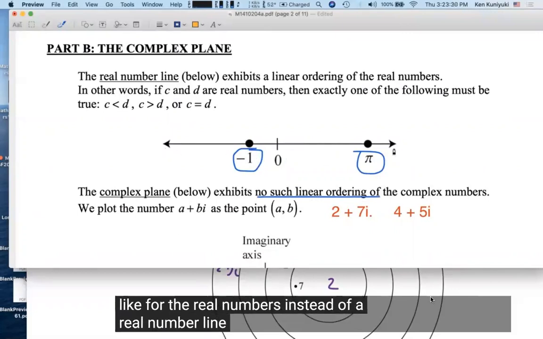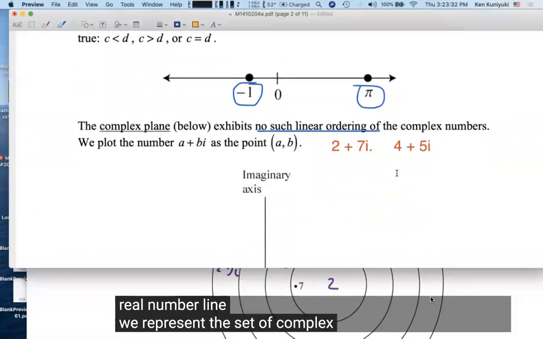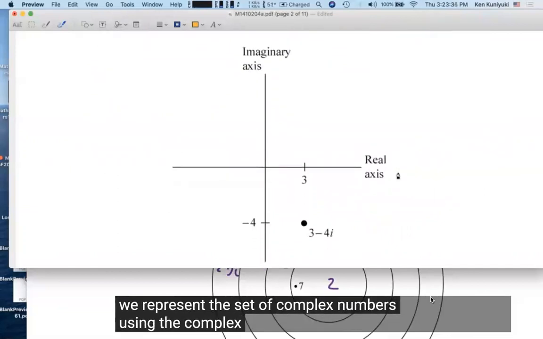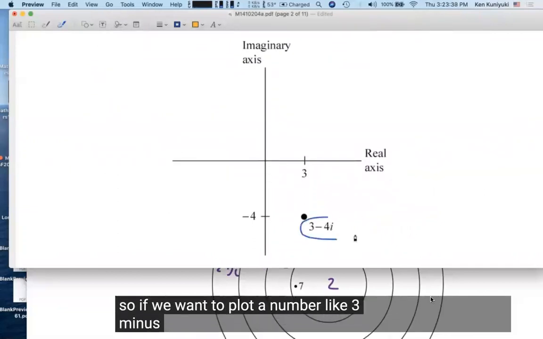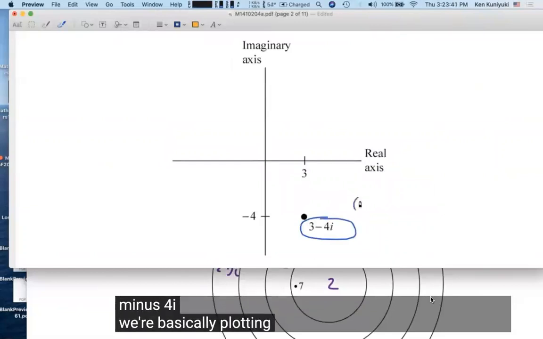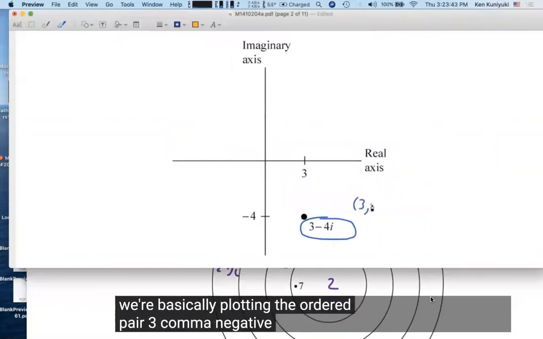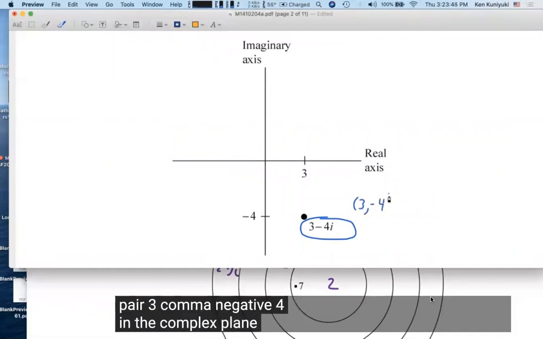Instead of a real number line, we represent the set of complex numbers using the complex plane. So if we want to plot a number like 3 minus 4i, we're basically plotting the ordered pair (3, -4) in the complex plane, (a, b), where a is the real part, b is the imaginary part.